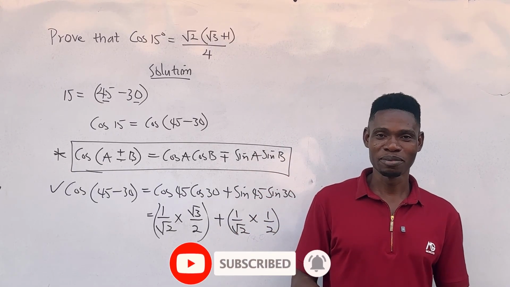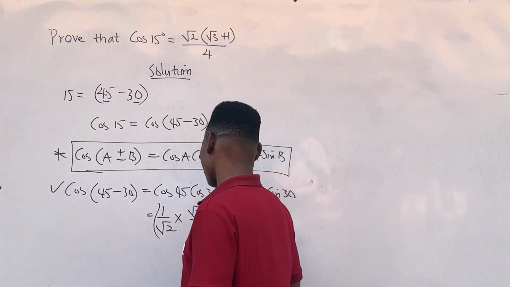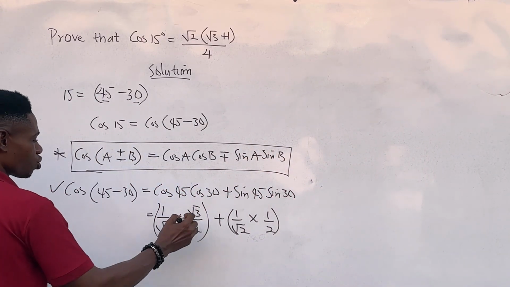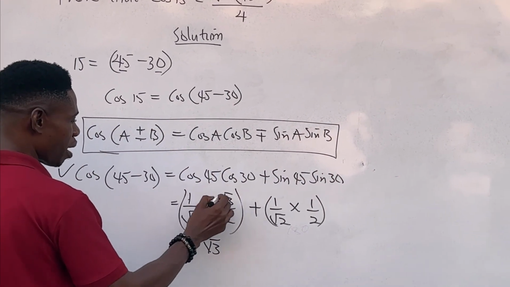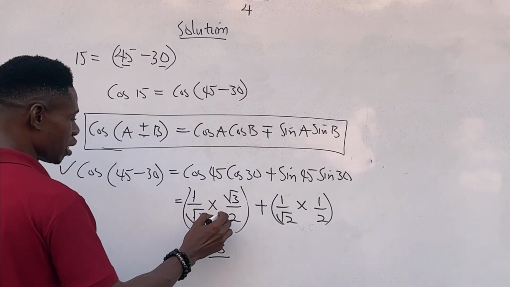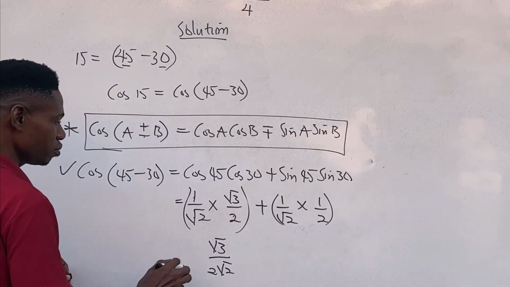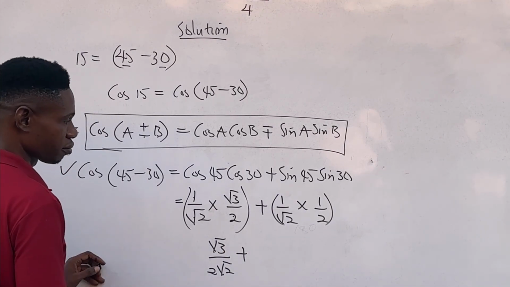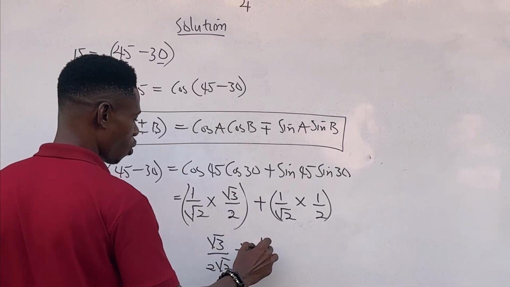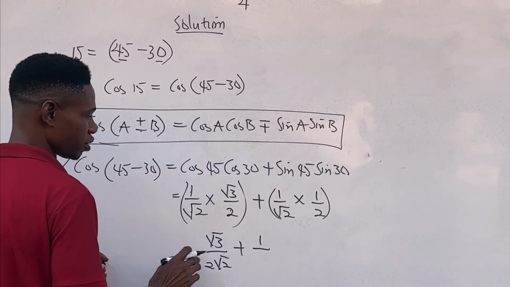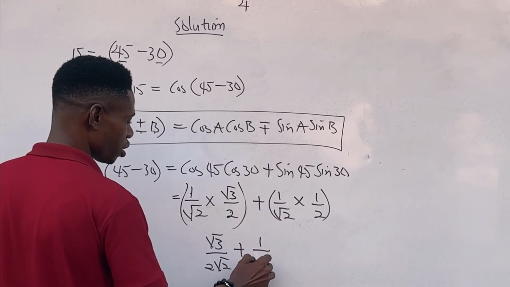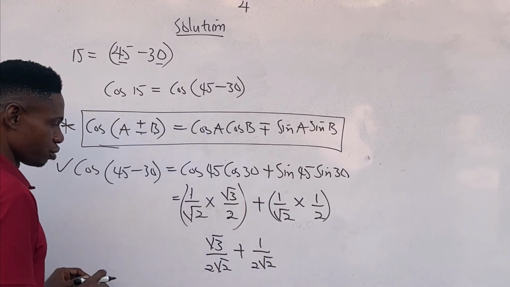Let's proceed. Now, when we multiply this, we'll have root 3 multiplied by 1 is root 3, divided by 2 multiplied by root 2 is 2 root 2, plus 1 multiplied by 1 is 1, divided by 2 multiplied by root 2, that's 2 root 2.